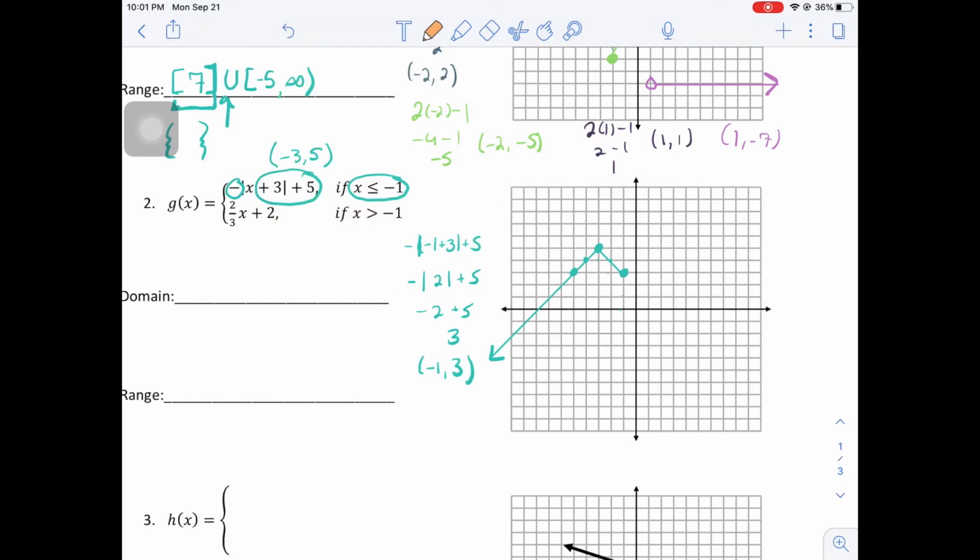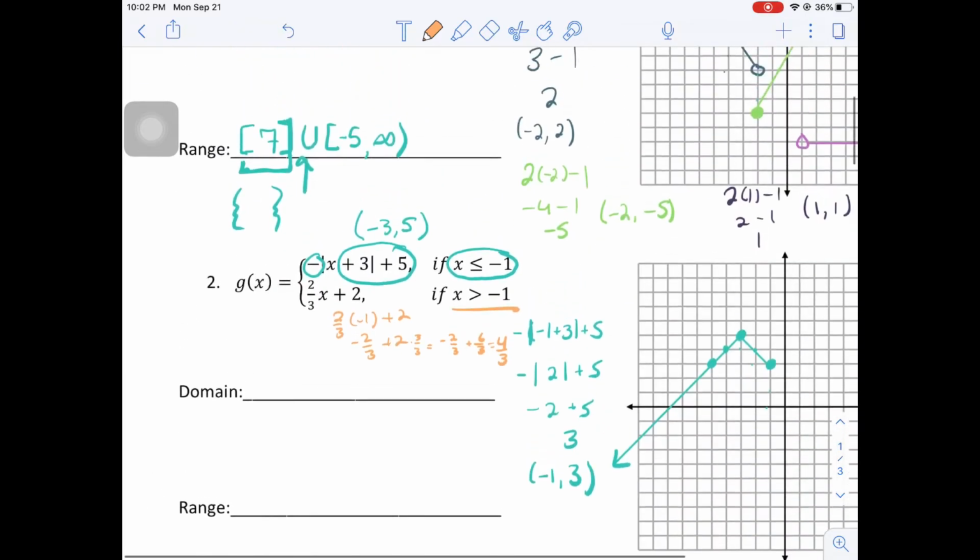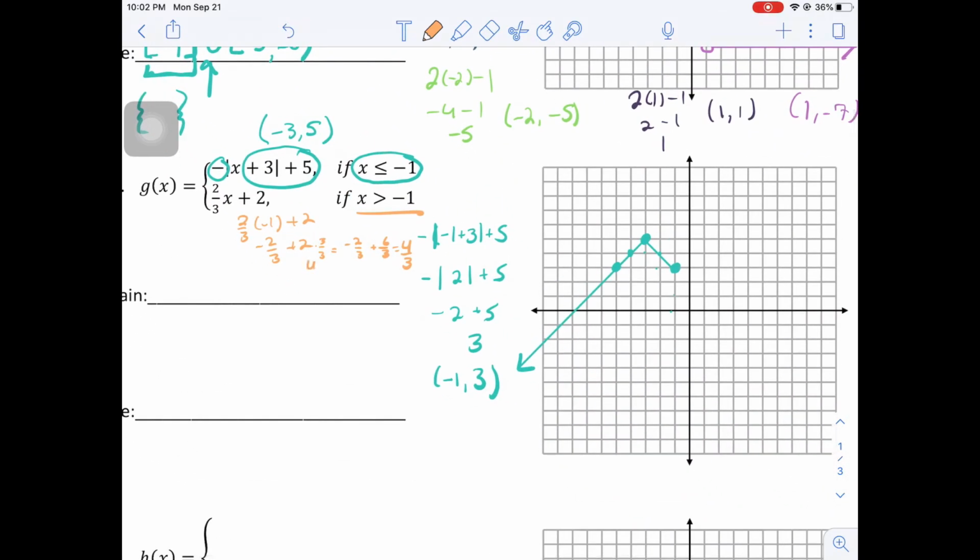For the next half of this, it says x is greater than -1, so 2/3 times -1 plus 2. That gives us -2/3 plus 2. If we wanted to do this, we can multiply by 3 over 3, so -2/3 plus 6/3. That's going to be equal to 4/3, positive, so that's 1 1/3. So that's -1 comma 4/3 is our point here.